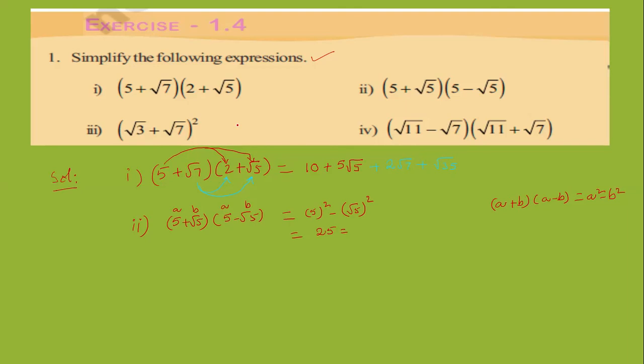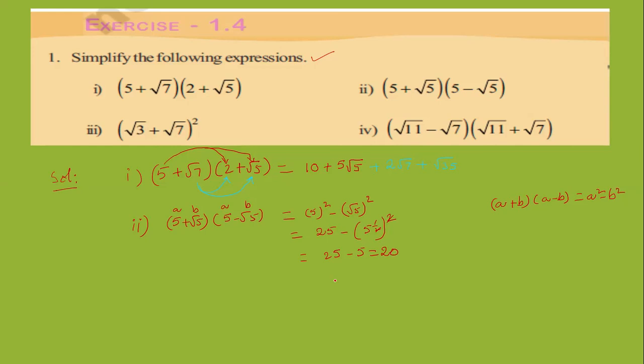Root 5 you may write in exponential form as 5 to the power of 1 by 2, whole to the power of 2, as usual. Now you cancel these 2. Now what is the remaining? 5. So 25 minus 5, that is equal to 20.